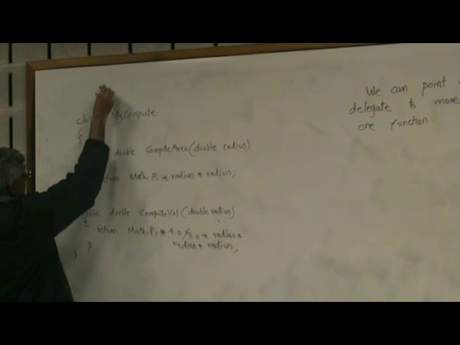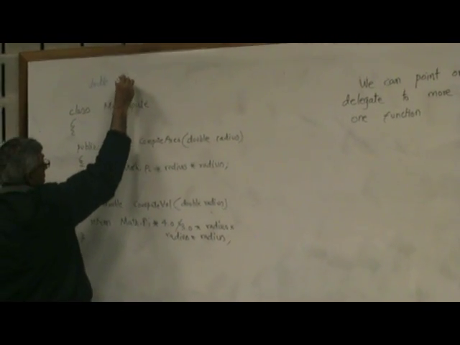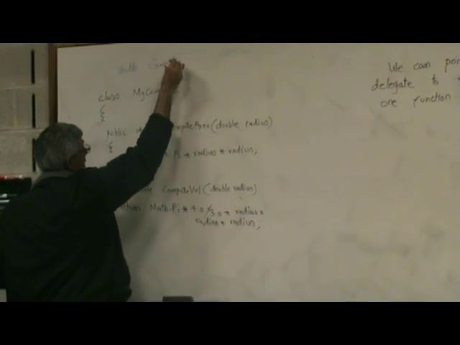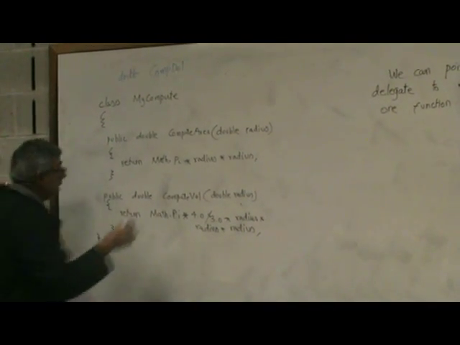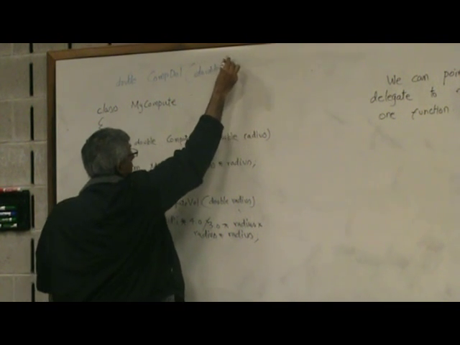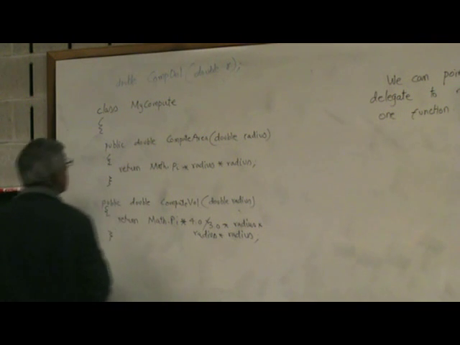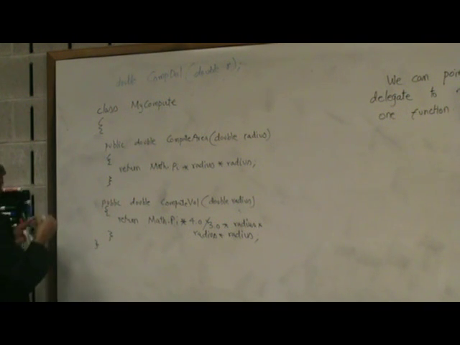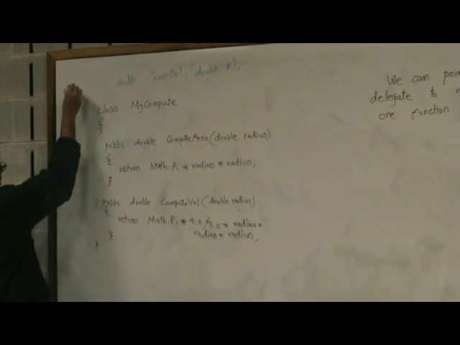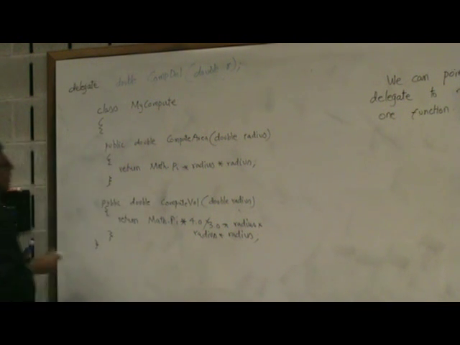Suppose I call it double CompDel, and it takes a parameter double r. Okay, and how do I convert it to a delegate? Simply add the keyword delegate, right? You guys agree?